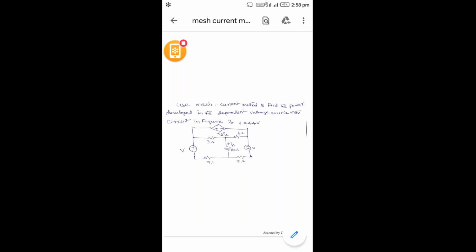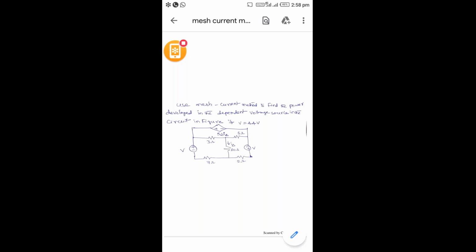You know the mesh current method is KVL. The algebraic sum of the voltages around a closed path is always 0. That is the KVL condition.